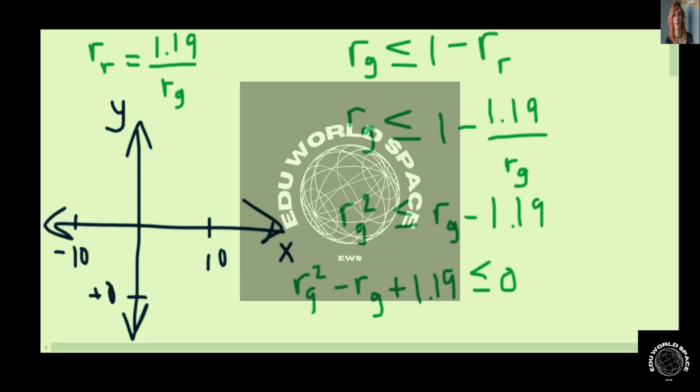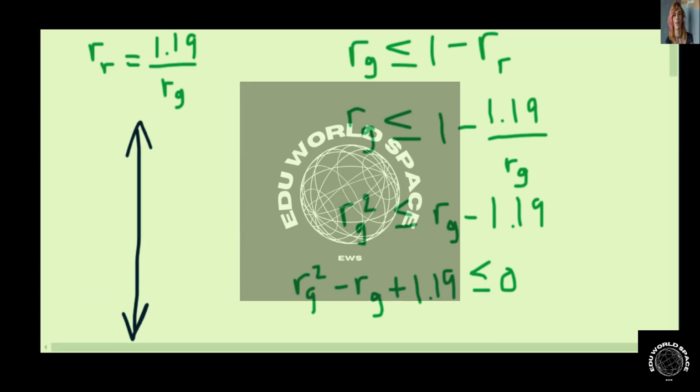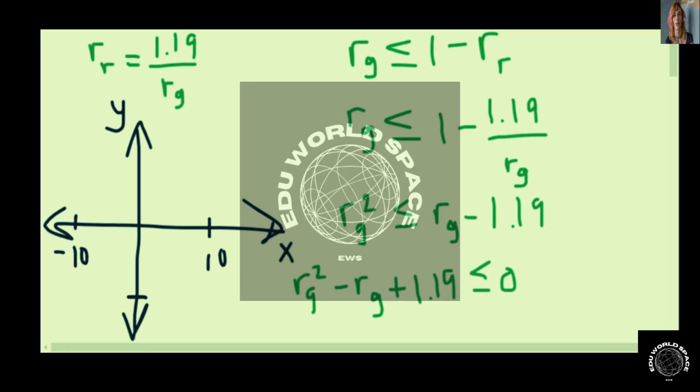There we go. Negative 10 to 10, negative 10 to 10. All right. That gives me, finally, on a scale from negative 10 to 10, something that looks like this, where the vertex is right there.